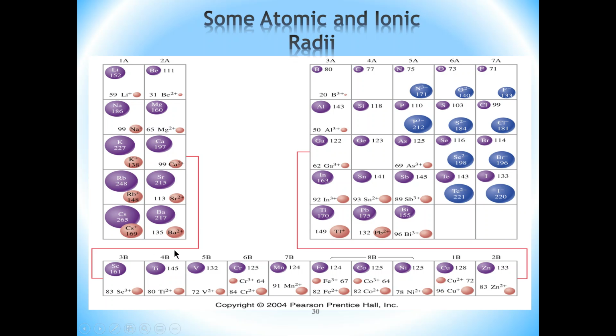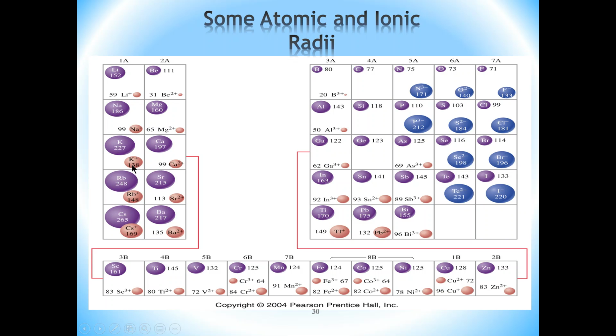And we can also see trends in terms of isoelectronic series. So for example, if you look at calcium, potassium, and chloride, and sulfide, and phosphide, right? They all have the same number of electrons, all right? In the case of potassium and calcium, they have the same number of electrons, but different number of protons.